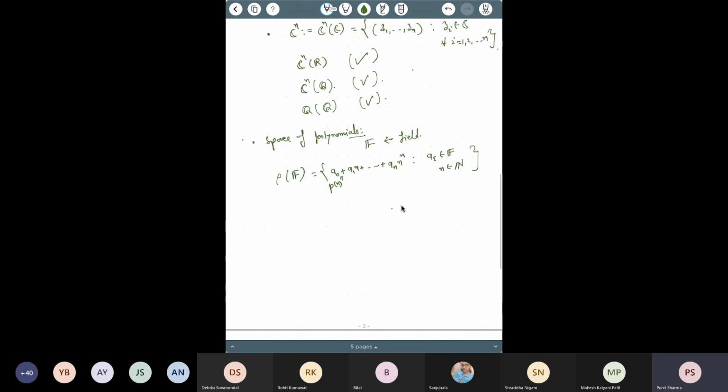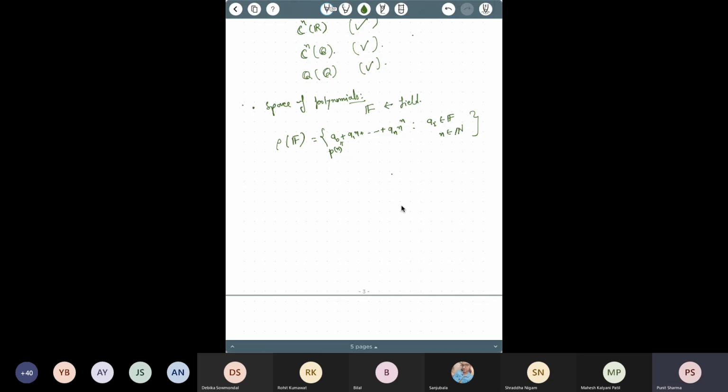So these are some standard examples. Let me write one more: space of functions. We have seen the space of matrices, we have seen the space of polynomials. So next is the space of functions. Again, the same way, suppose that we have a field F. This is our field.